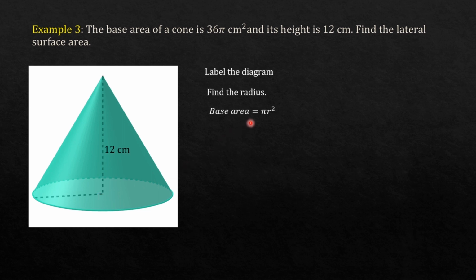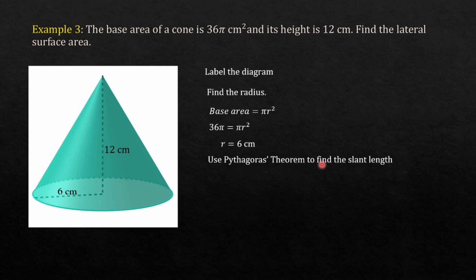The base area is given by pi r squared. And we know from the question the base area is 36 pi. So we write that here. And by simplification, the radius is 6 centimeters. So we can add that into our diagram here.